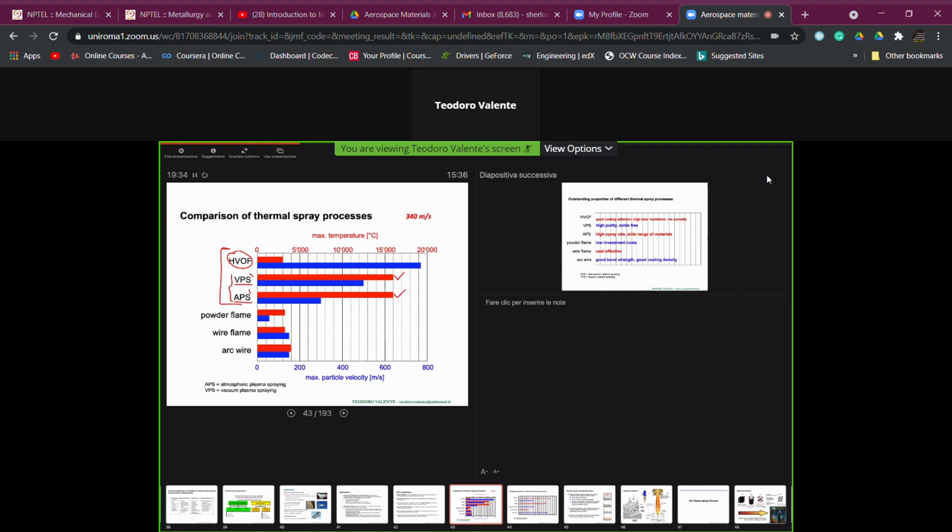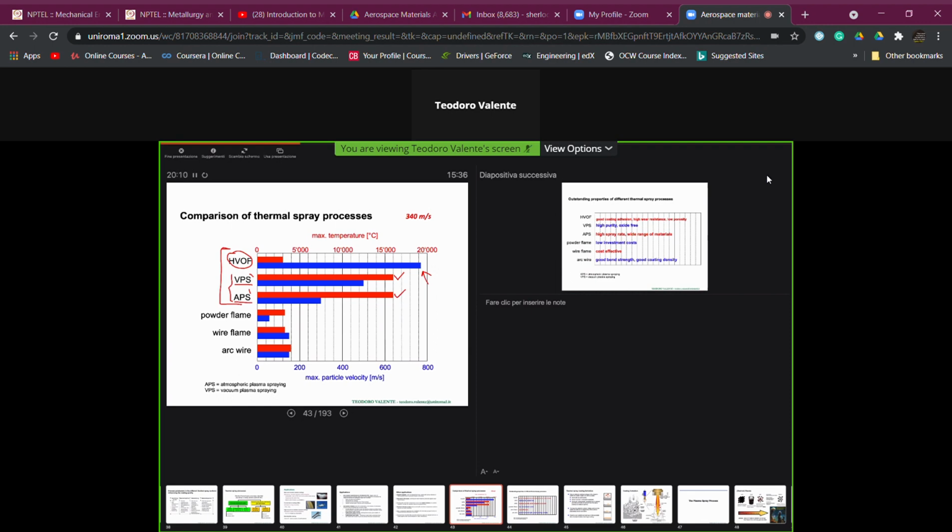If we look to the HVOF instead, which is a combustion-based process, let's have a look at the maximum particle velocity which can be achieved. It is something around 700 meters per second. A single particle is traveling with a maximum velocity which is something very near to that, and sometimes also higher. That depends on the type of gas used in order to have the combustion, 700 meters per second.